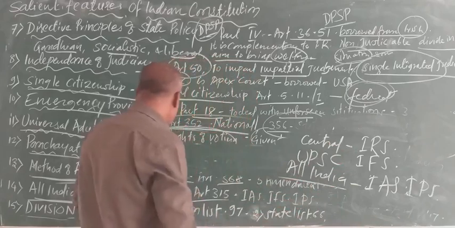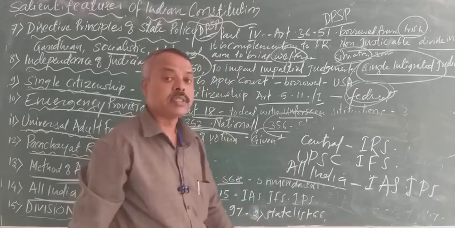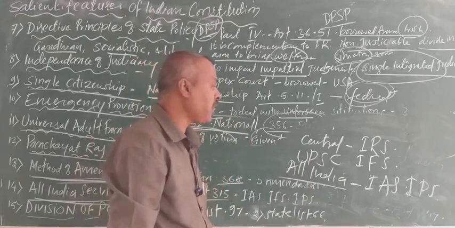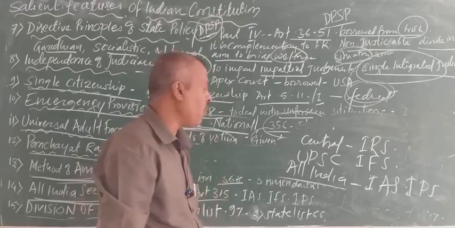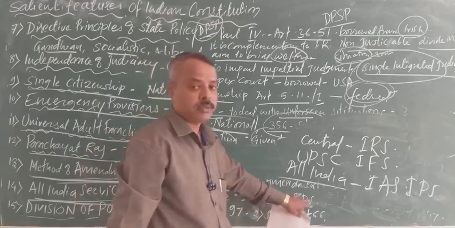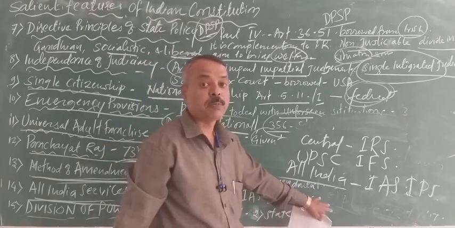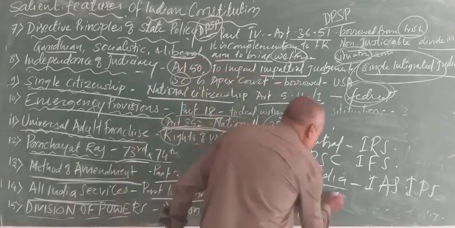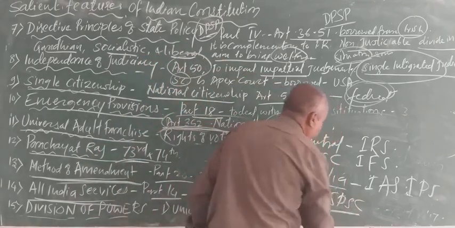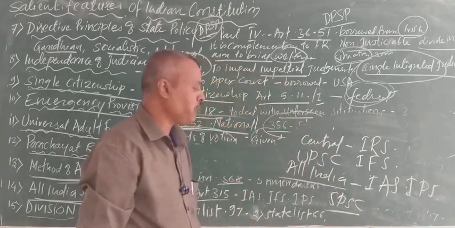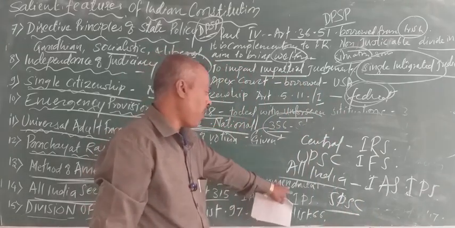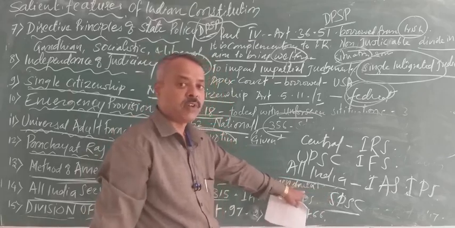Then there is the third type of service, the state service. Every state of the Indian Union has been given the power to recruit civil servants through the SPSC, the State Public Service Commission. This SPSC can recruit civil servants for the states.